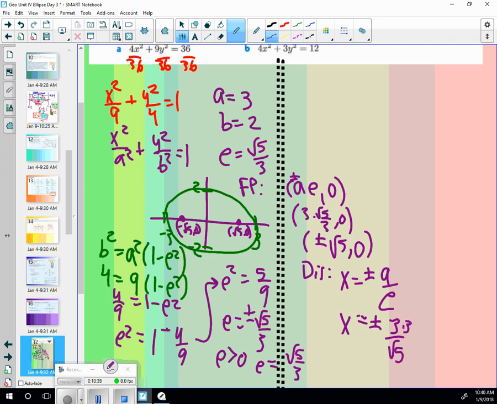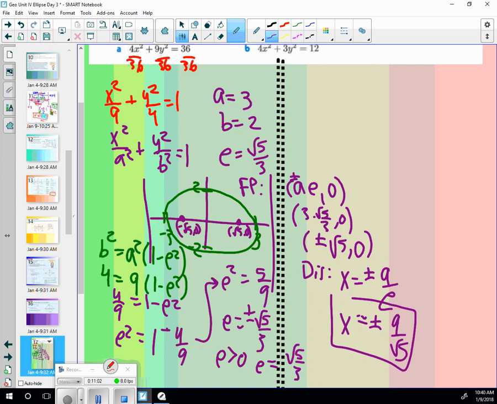So I get 9 over the root of 5. That will be the directrix, and that should be a little bit bigger than 3. a over e, plus or minus a over e. And that's your ellipse.